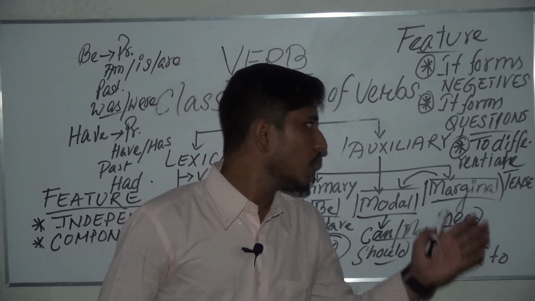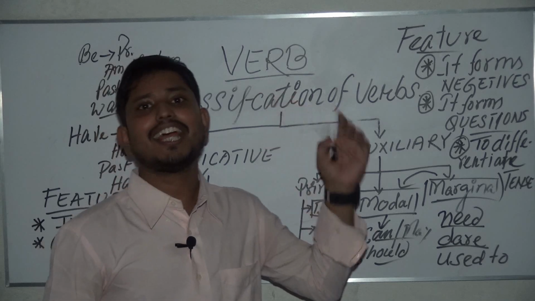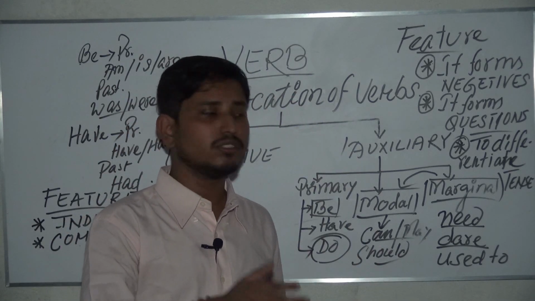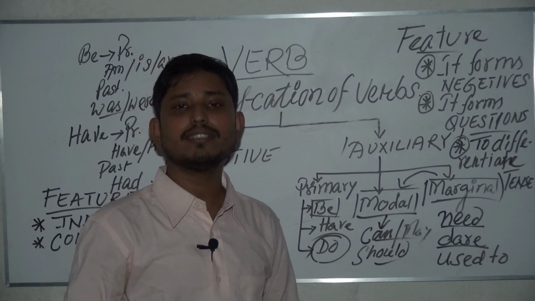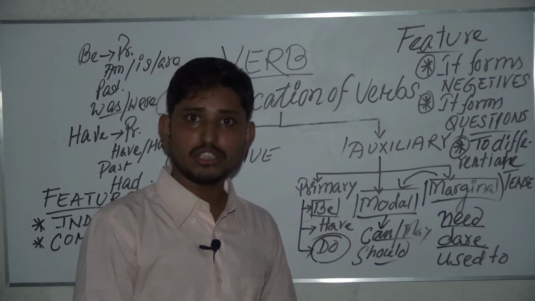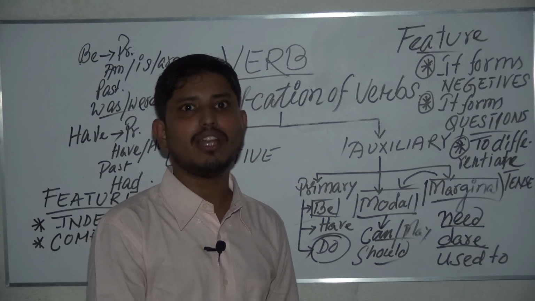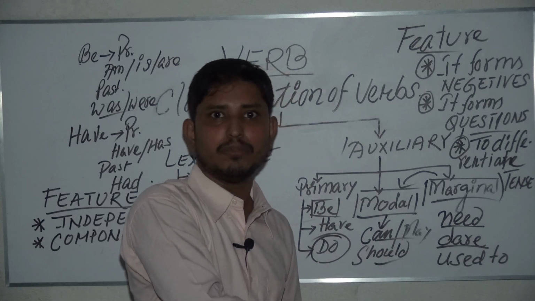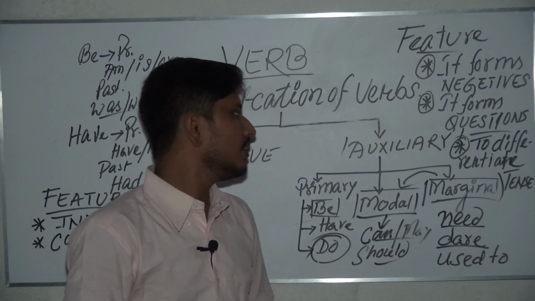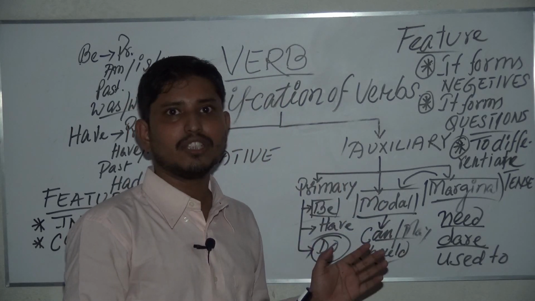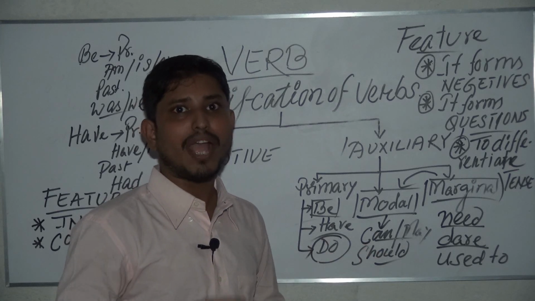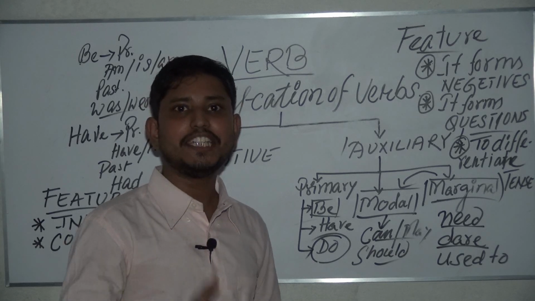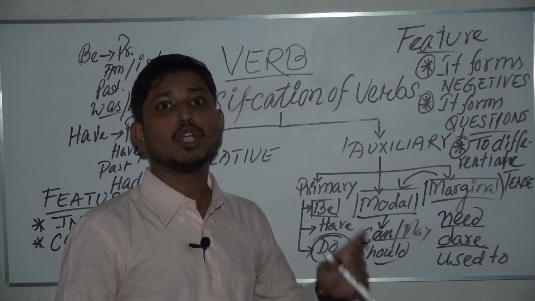Number three, we have learned the classification of verb, and the basic classification of verb is lexicative verb and auxiliary verb. And we have also learned the lexicative formations and the auxiliary formations. Okay? So for today's class, we have learned many things. You have to memorize those, and we want you to actively participate in our question segment.